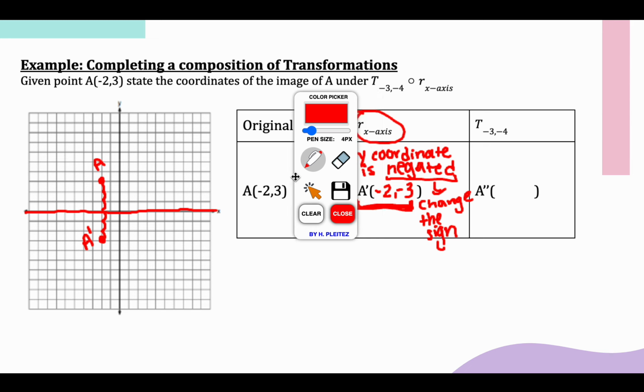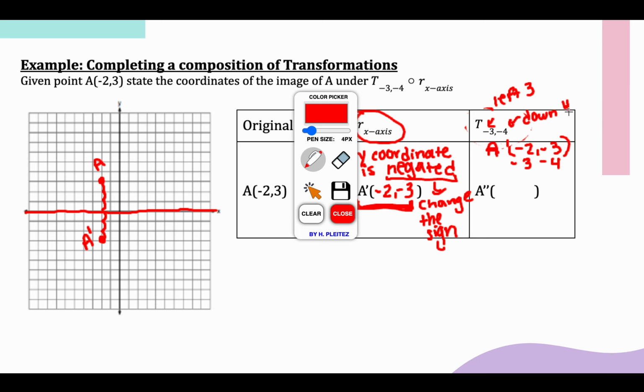So now we are taking A prime, which is at (-2, -3), and we are completing this translation rule on it. Now, what this translation rule is saying is that we are going to be subtracting 3 from our x-coordinate. So let's do that first. We subtract 3 from our x-coordinate, and then we're going to be subtracting 4 from our y-coordinate. Or in other words, we're going to be moving the point to the left 3 and down 4.